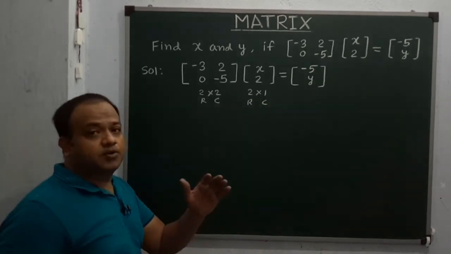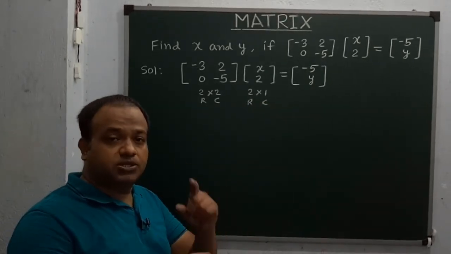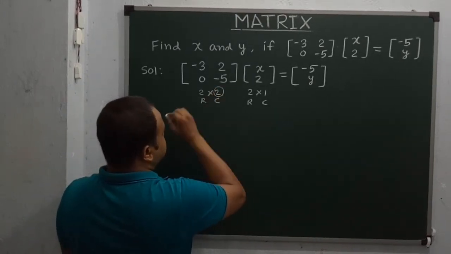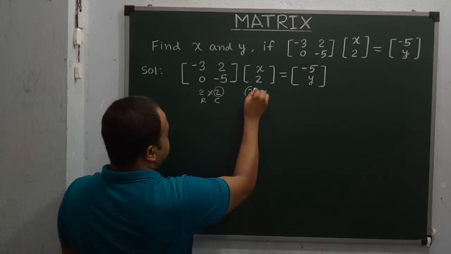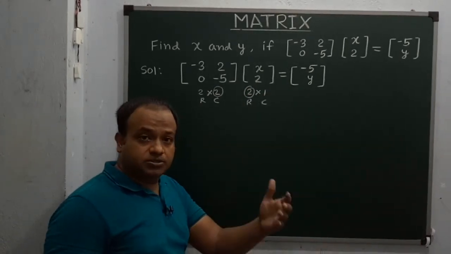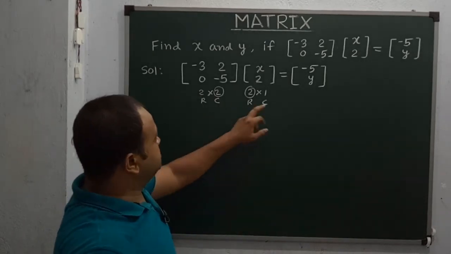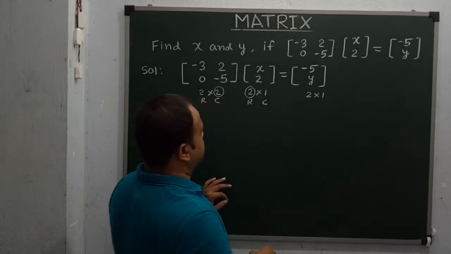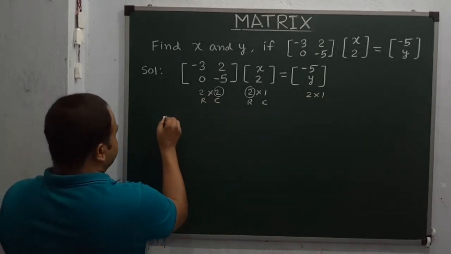What was the rule? The number of columns of the first matrix must be equal to the number of rows of the second. Now we check it. Yes, it is equal. And what will be the order of the product matrix? 2 into 1. See, it is already given as 2 into 1. Now we proceed.